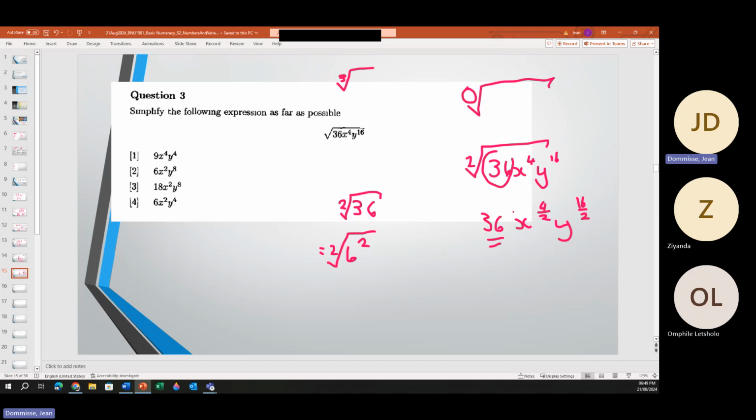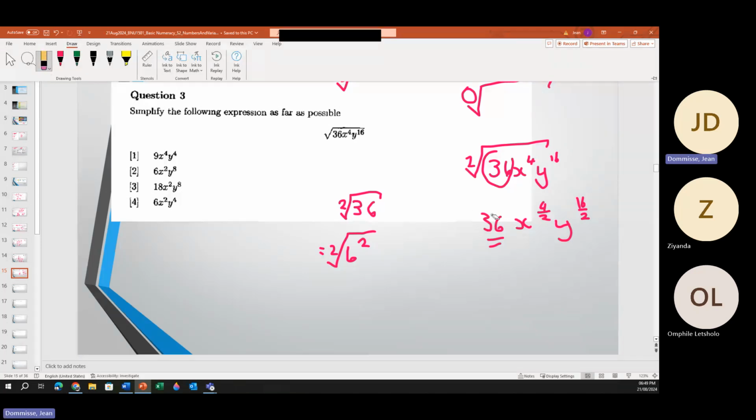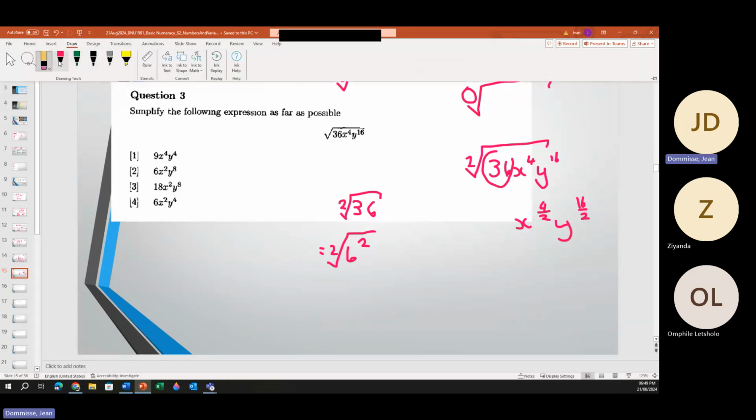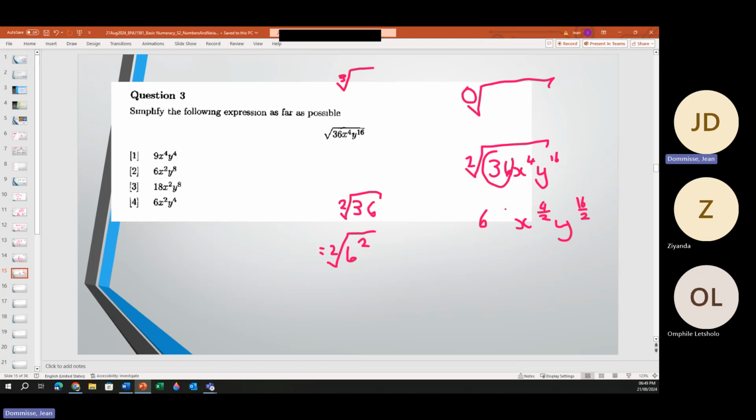So we could have rewritten that 36, if we have taken the square root of it, as 6 to the power of 2 divided by 2, just to make everything now the same.